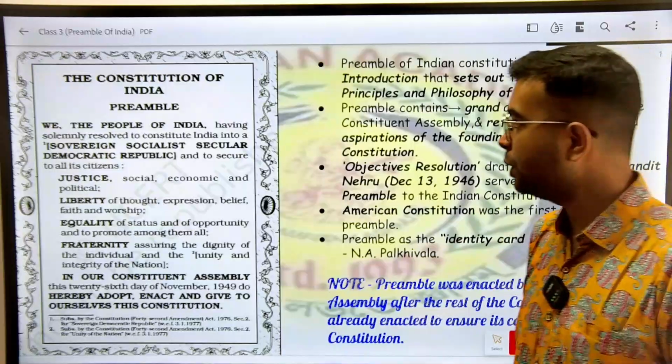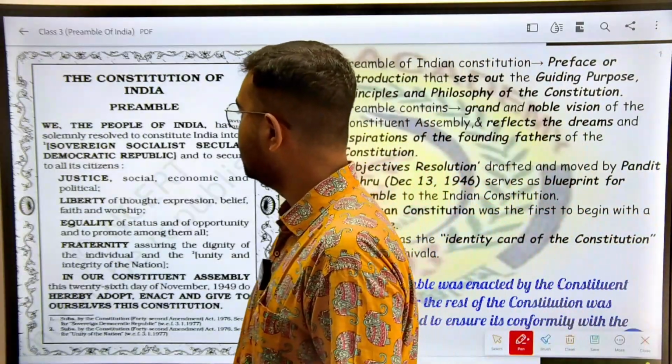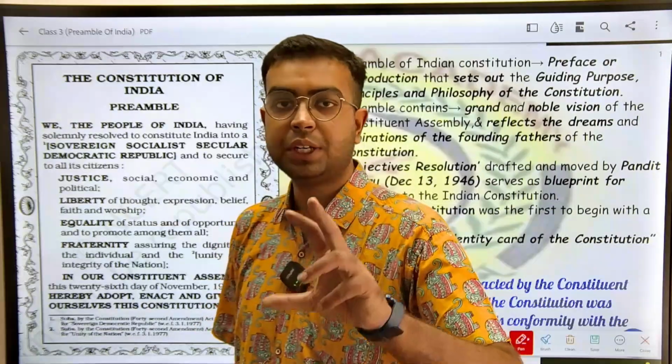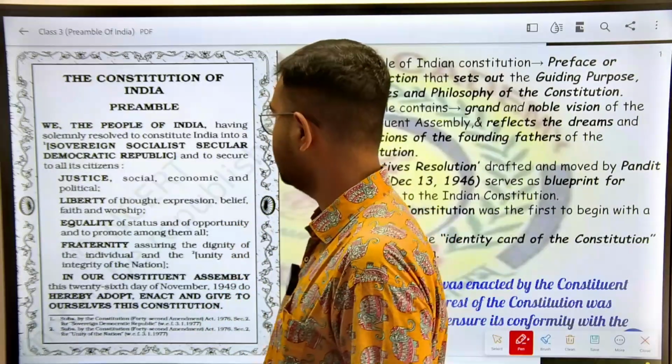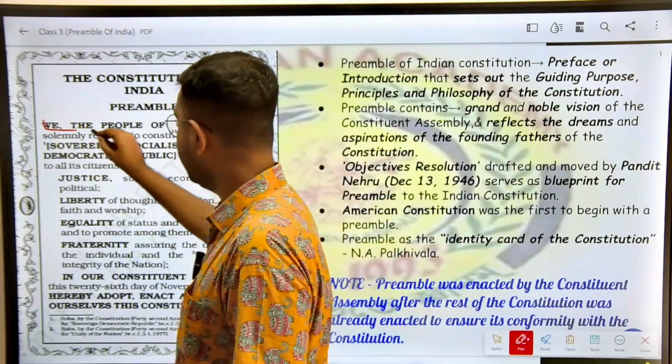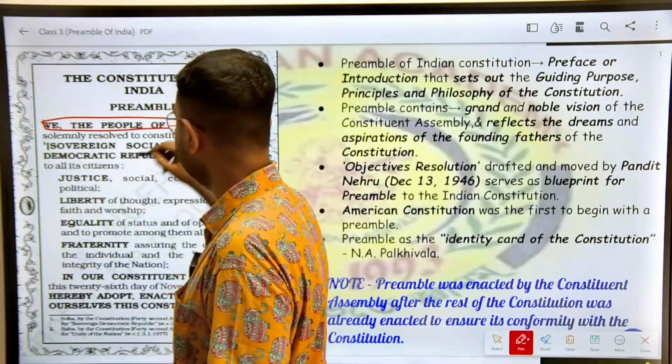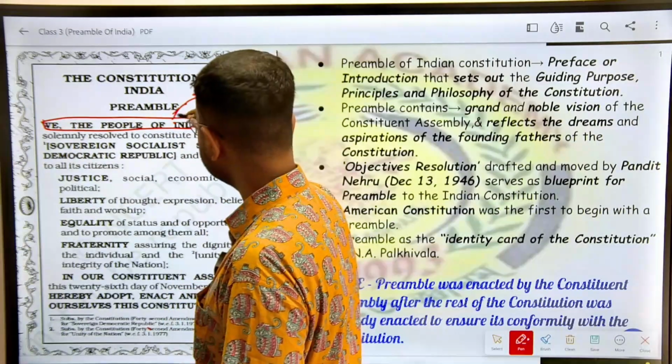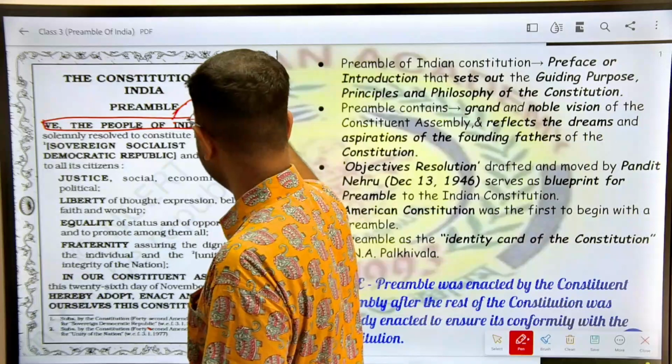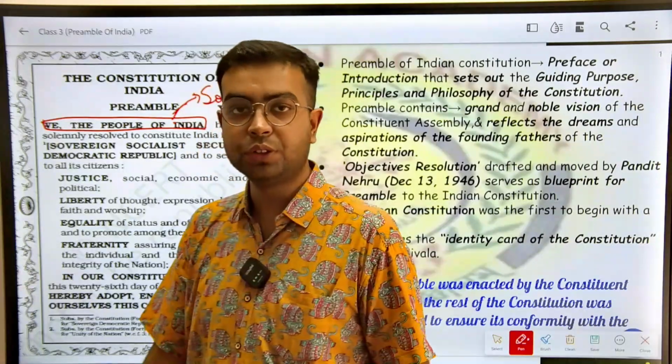Now look at the preamble. Preamble is divided into certain parts if we read it carefully. We, the people of India, this is the source of the preamble or the source of the Constitution.